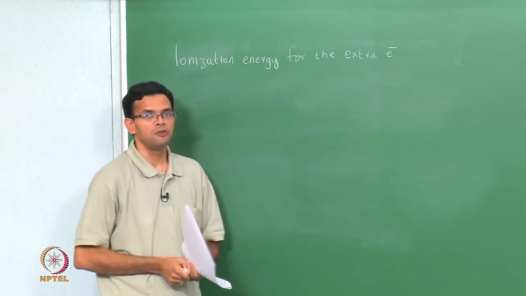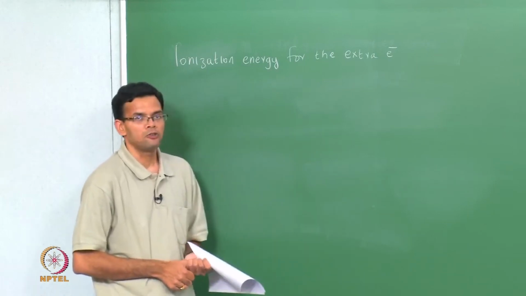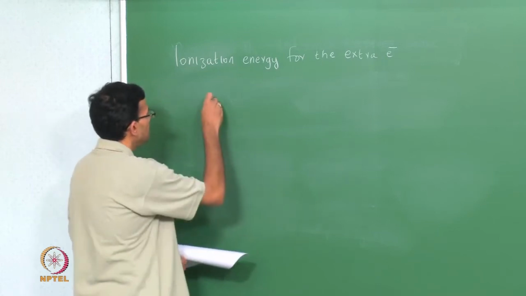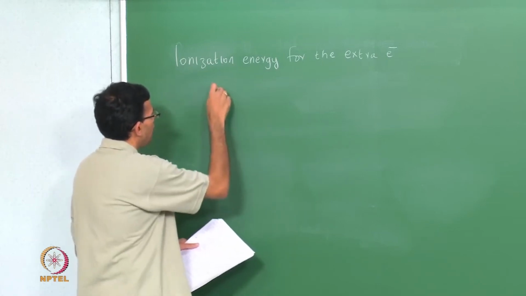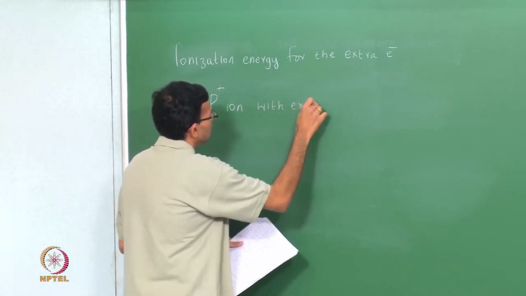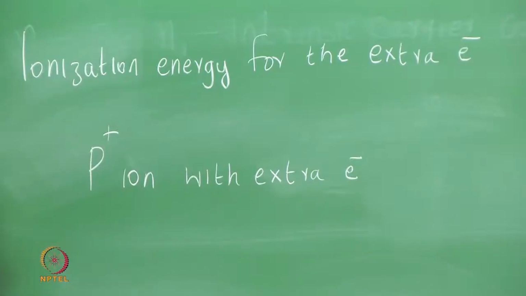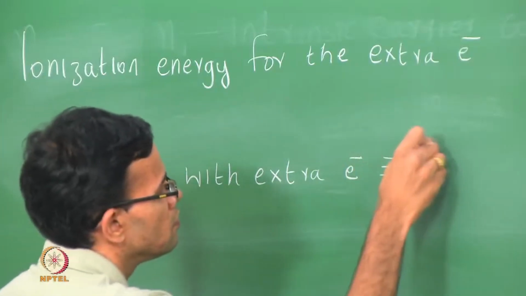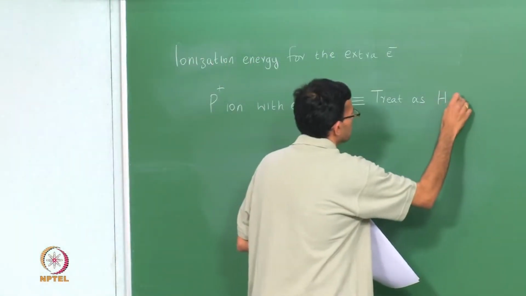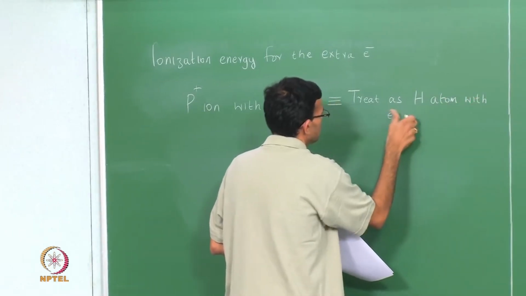We can do a very precise energy calculation to find this energy. We can also do an easier back of the envelope calculation. To do that, we simply say that we have a phosphorus ion with one extra electron, and we will treat this as a hydrogen atom with one electron.